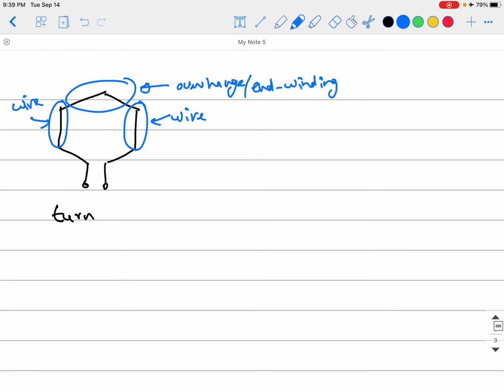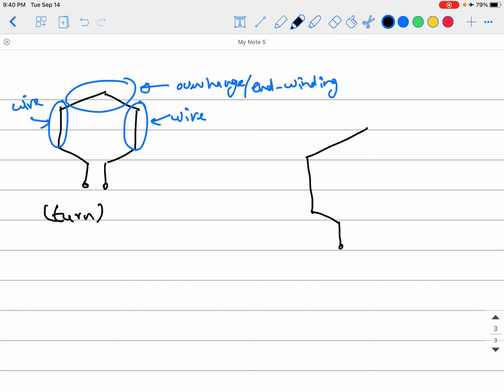Okay, but even just one single turn like this will not do the job for us. So most of the time we have more than that, not just one single turn, but we turn it to be more. So we have more turns.